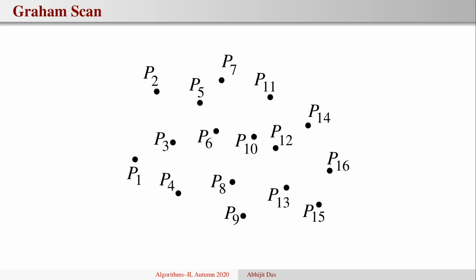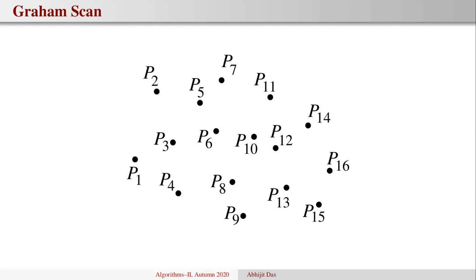So these are my input points, 16 of them. P1, P2, P3, P4, P5, P6, P7, P8, P9, P10. Okay, so these are sorted with respect to their x coordinates. So at this point, we start with pushing P1 to the top of the stack. And the stack contains nothing else, initially empty stack. Start by pushing P1.